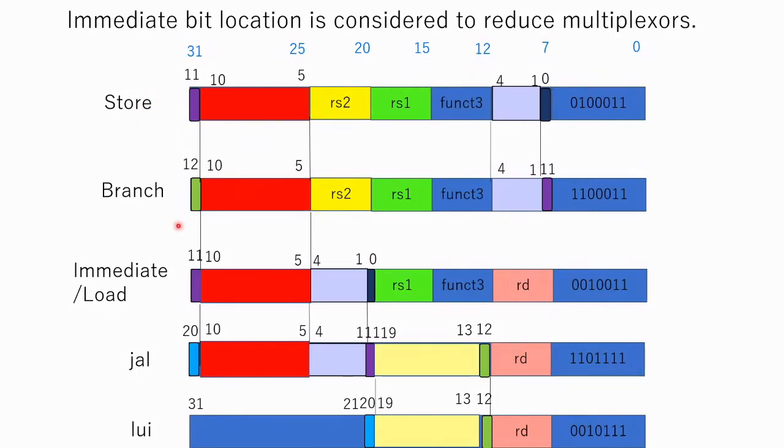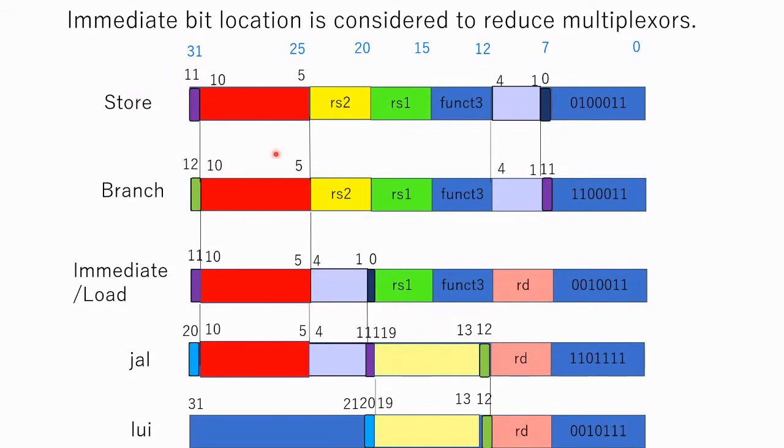Okay, so other instructions have their own formation way to split and shuffle. Well, this location is actually well considered to reduce the hardware. That is, we only need to extend bit 31 for sign extension.